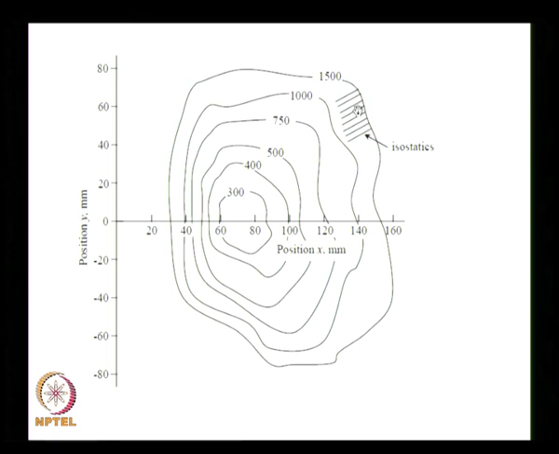The idea is that at the end of these cracks the failure strain of the coating is reached at that point in the specimen. This is obtained for a load of 1500 newtons, and this contour is obtained for 300 newtons, and so on.